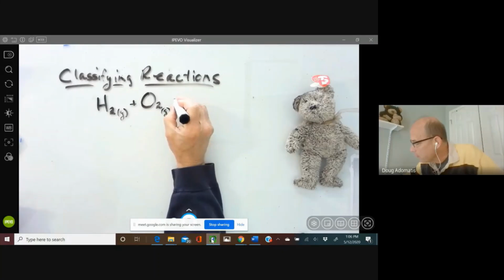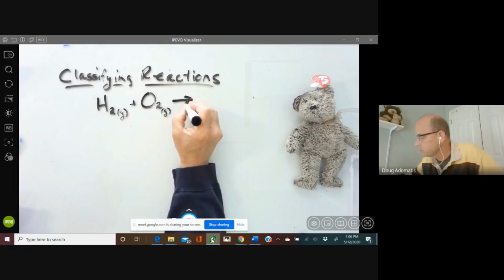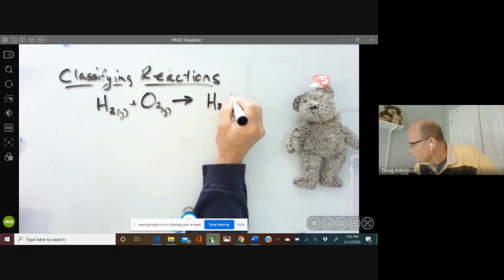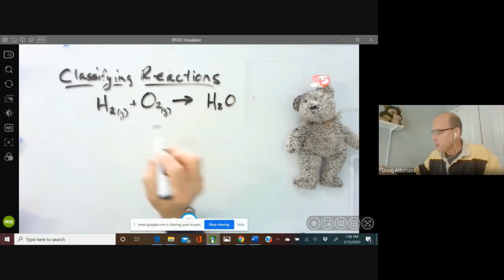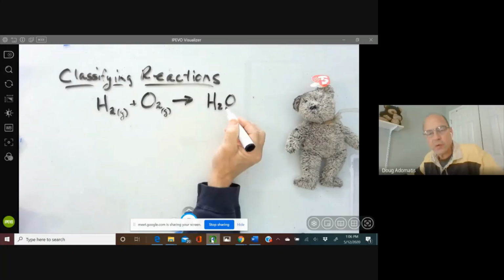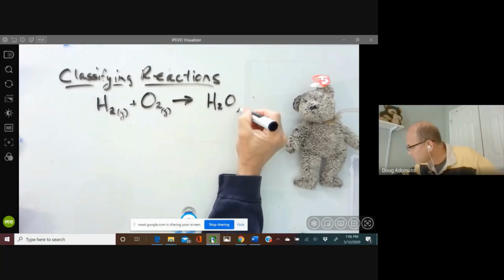And when we combine them, we are actually going to synthesize H2O. So hydrogen gas and oxygen gas combine to form liquid water. That is what the Martian did. So liquid water, I'll put that as a little l in subscript.